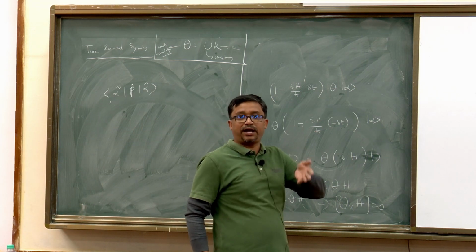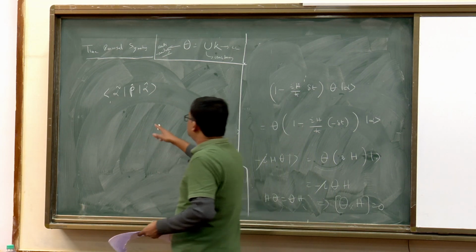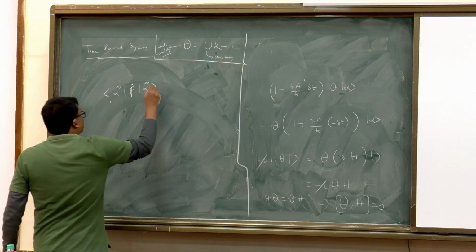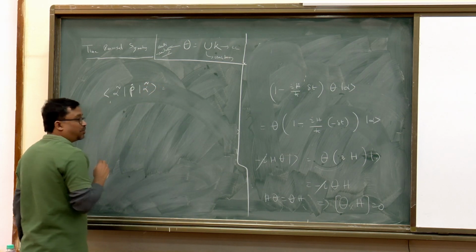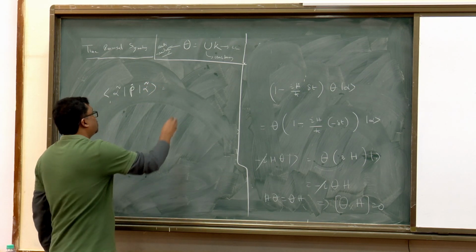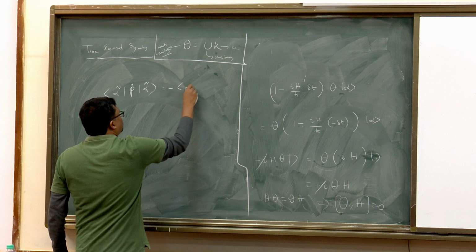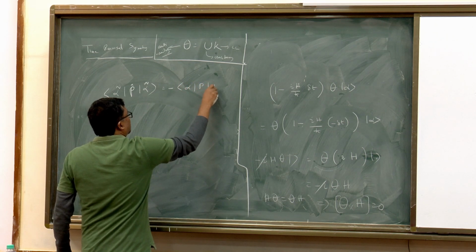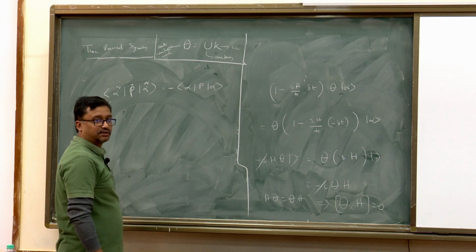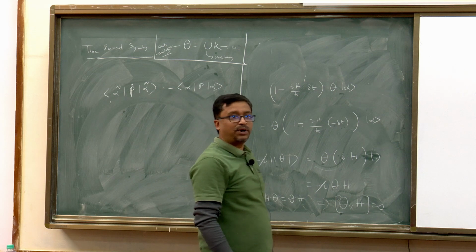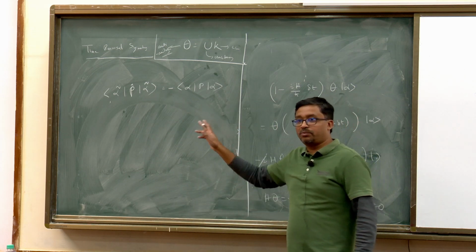So, you would expect that under this transformed ket, the expectation value of the momentum would have reversed. So, this should be equal to alpha p alpha, that is our expectation. Our operator, whatever we generate, should obey this.